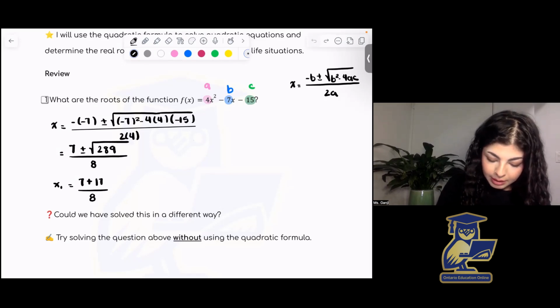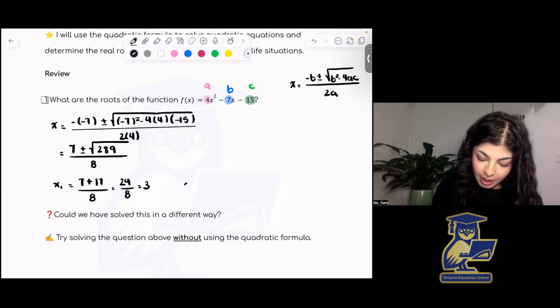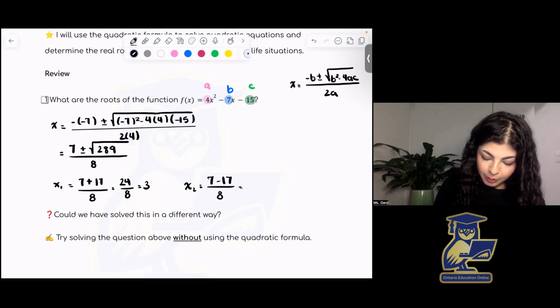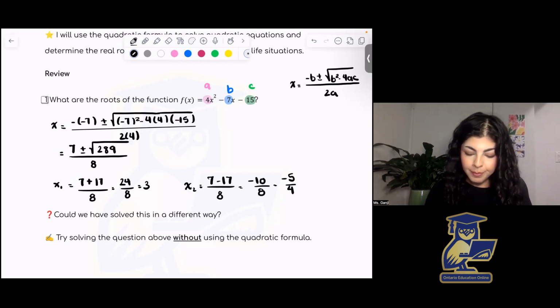And this will simplify to 24 over 8, or 3. And for x2, we're going to write it the same, but with the negative now. And here we get negative 10 over 8, or simplified, negative 5 over 4.